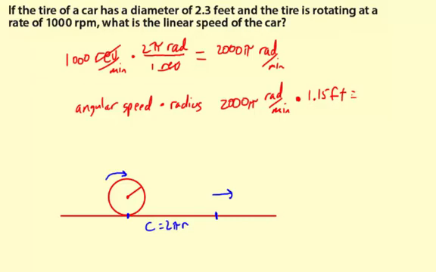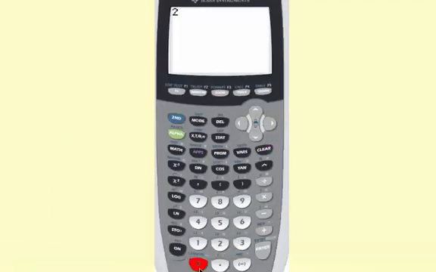If I multiply those two values, I'm going to get the feet per minute. 2,000 pi times 1.15, 7,225.7, let's say, feet per minute.